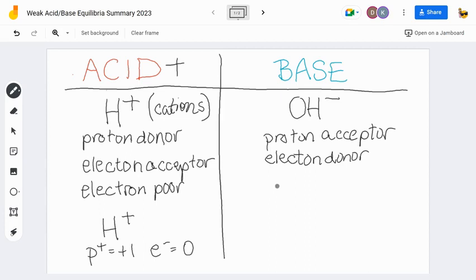Bases with their OH- are electron rich. So you're going to think of anions, and bases are going to be our negatives.